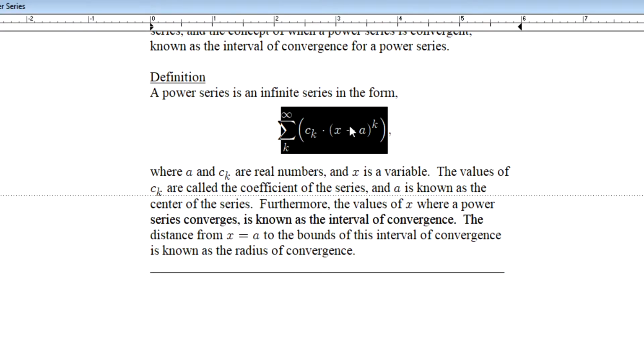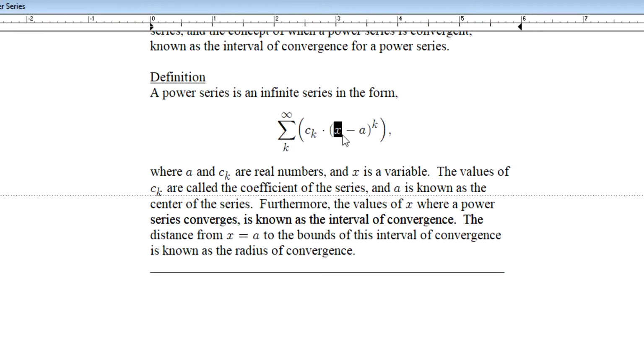One thing we are going to note is that in this series, x is going to play the role of a variable value. And depending upon the values of that variable, this series is going to converge, right? And the values of x where it is convergent is known as your interval of convergence, right?